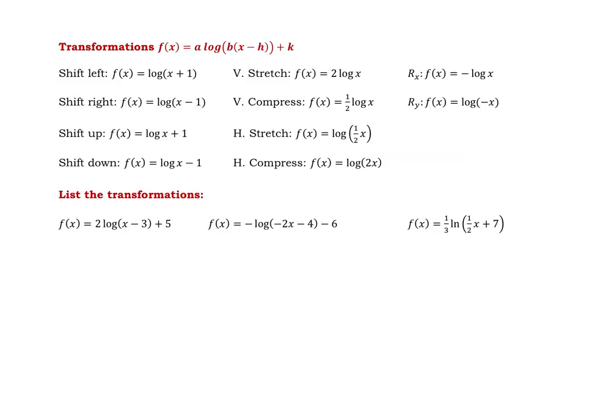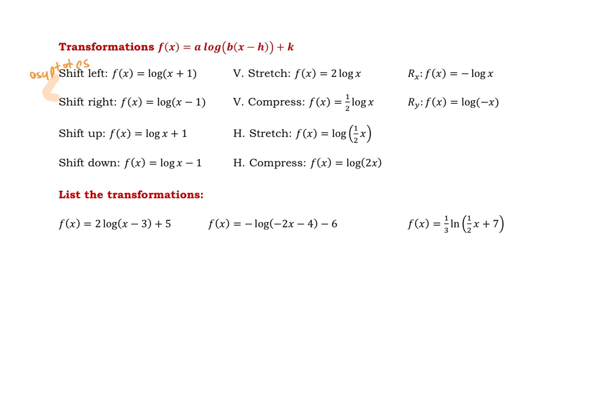Okay, now on to transformations. The thing to keep in mind, this left and right, this is where my asymptotes come from. So keep that in mind with our transformations. A little bit different, but still the same idea.